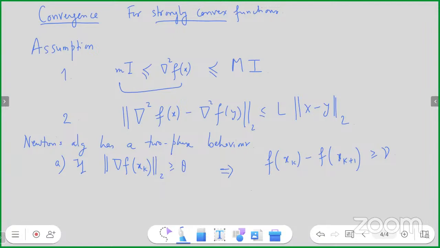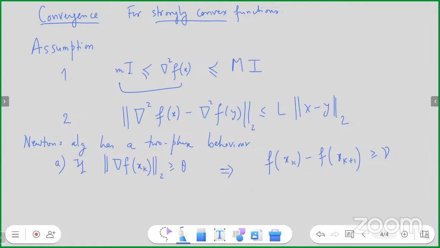We proved that for Newton's method, if the iterates are close to the global optimum, then it converges quadratically. We're not seeing that here yet. The reason is the gradient is far enough. Even under these assumptions, if the gradient is far enough from 0, you're going to move slowly.